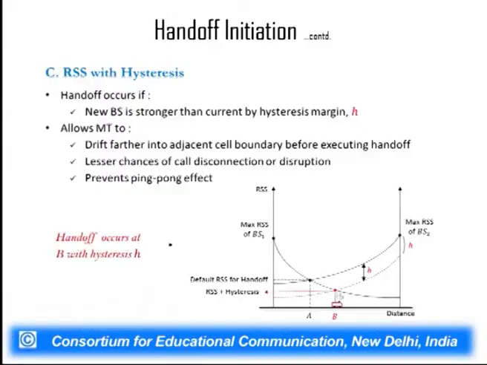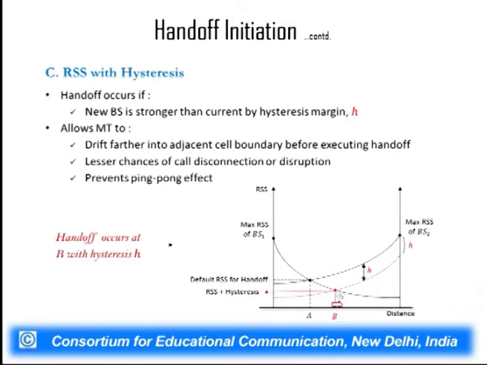Okay. So, it would now guarantee even more quality of service, a guarantee that the signal level will not fluctuate. So, what is happening? We are completely getting prevented from the problem that was created earlier by the ping pong effect. Okay. So, in the diagram you can see that base station 2 is given a margin h.